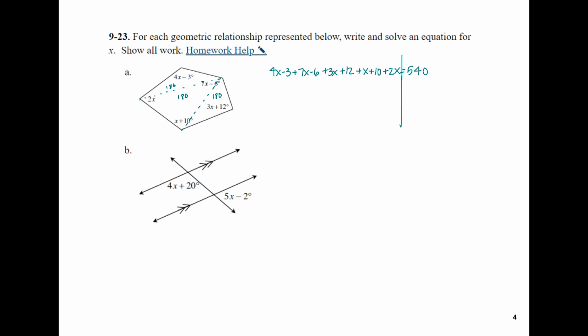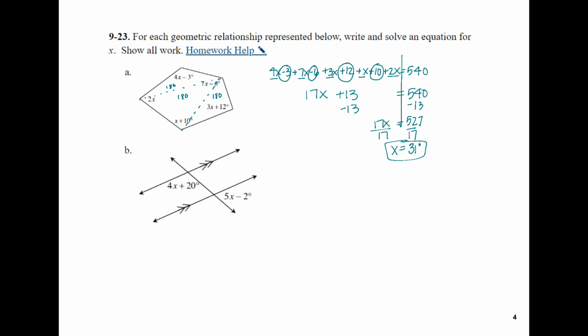When I combine my like terms, 4x plus 7x plus 3x plus x plus 2x equals 17x. Negative 3 minus 6 plus 12 plus 10 equals positive 13. Our inverse operation of adding 13 is subtracting 13. So we get 527 is equal to 17x. Divide by 17, and we get x is equal to 31 degrees.